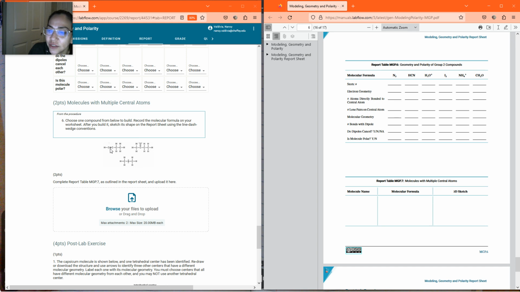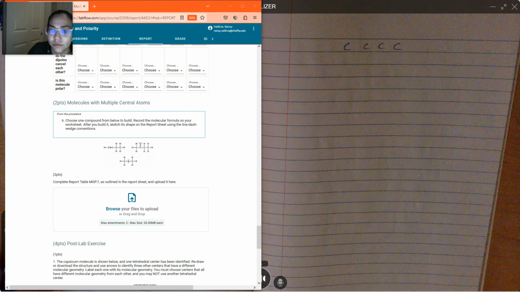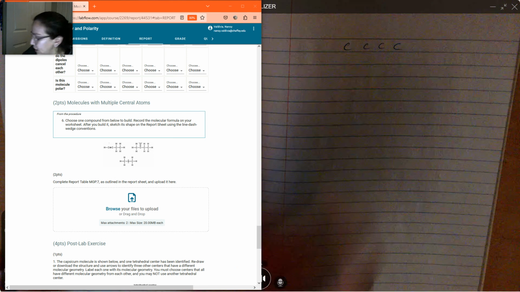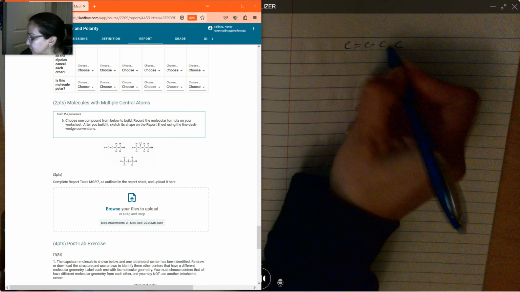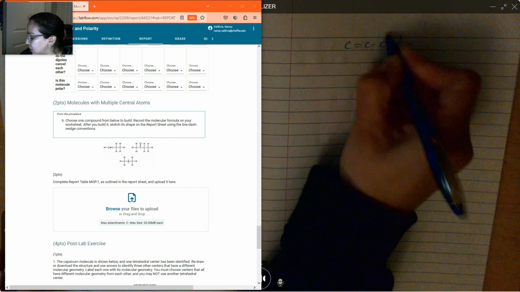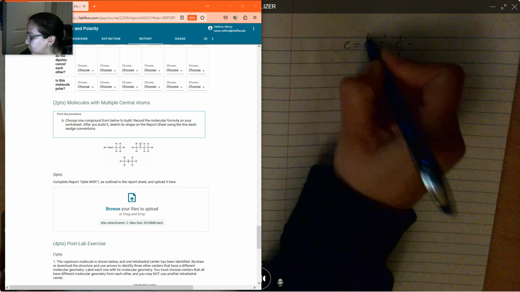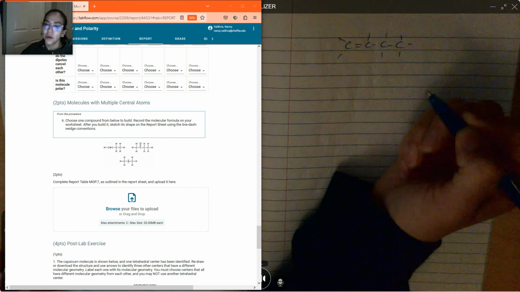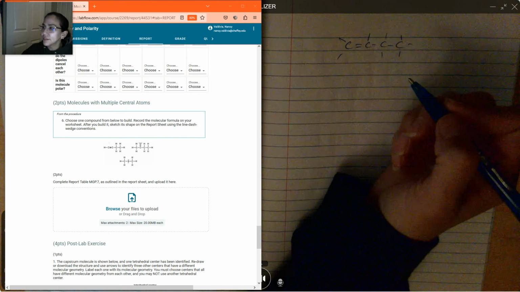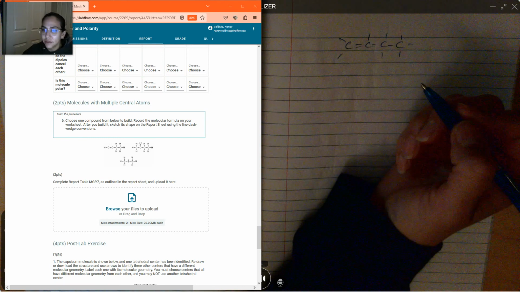All right, so let's go ahead and do this one. 1, 2, 3, 4. It has 4 carbons. And in it, this one's a double bond, single, single, and then the rest of these are hydrogens. All right. So it looks something like this.